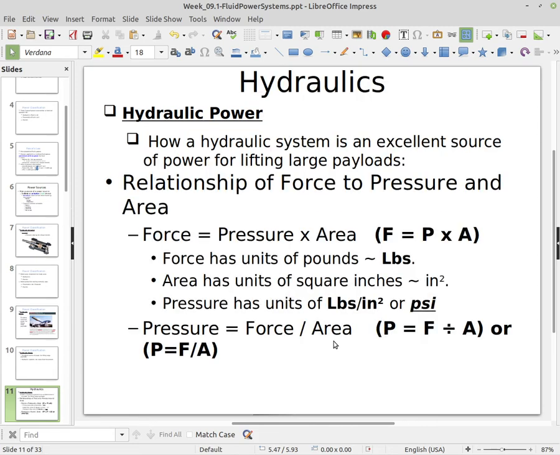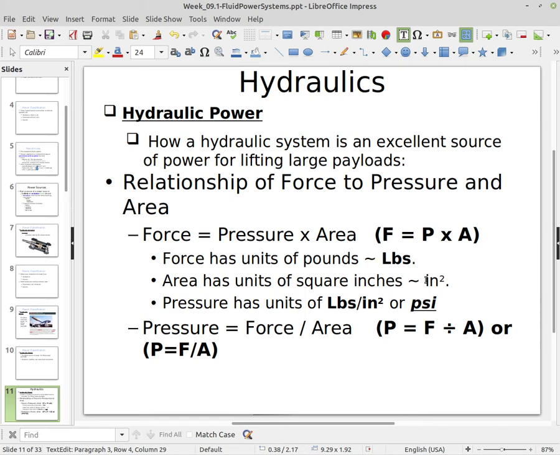Alright, so let's look at force and pressure and area. So remember that pressure is defined as the force divided by the area, or we can state it the other way and say that the force is the pressure times the area. Force, again, has units of pounds.